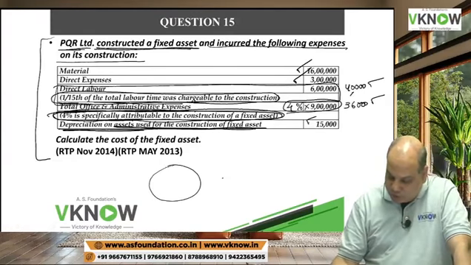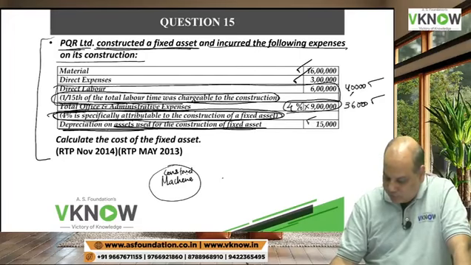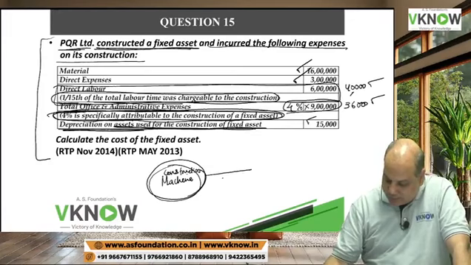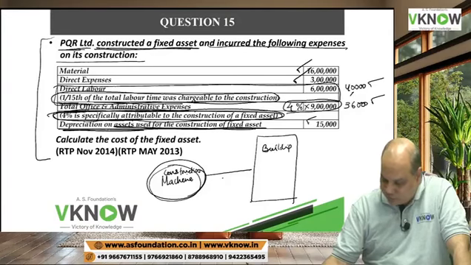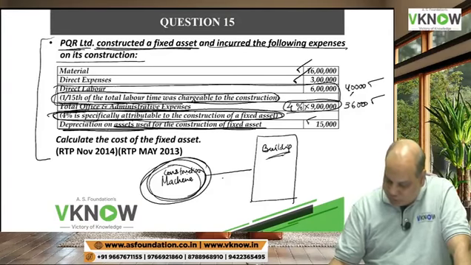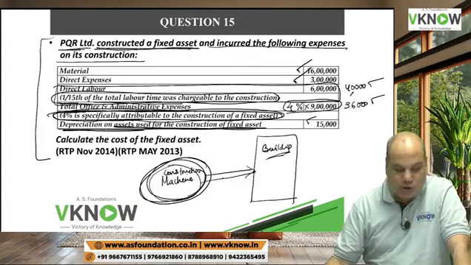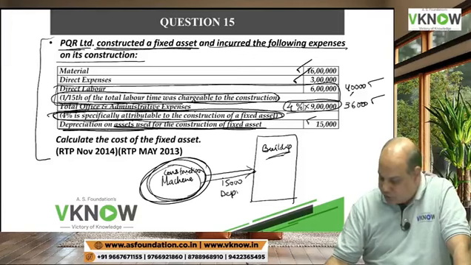Now suppose this is a machine, a construction machine, which you see on the construction site. This machine was used in the construction of the building and you have incurred 15,000 rupees depreciation of this machine.